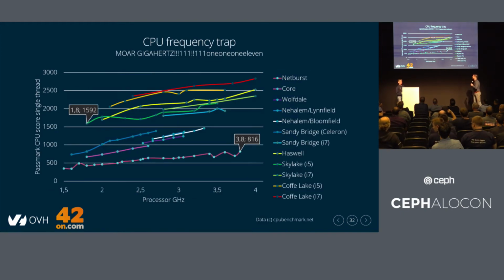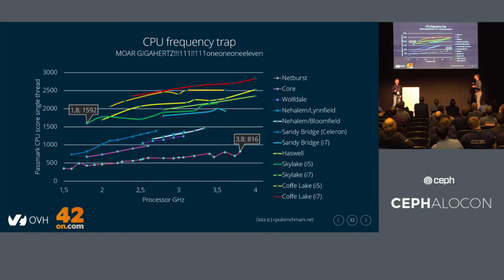Another thing to take care of when you are picking the CPU is the CPU frequency trap, because some people believe that you should get the fastest CPU you can in terms of frequency. It's not true. As you can see by this graph, we are staying between 1.5 and 4 gigahertz in all cases in different architectures, but we are going up in terms of performance.